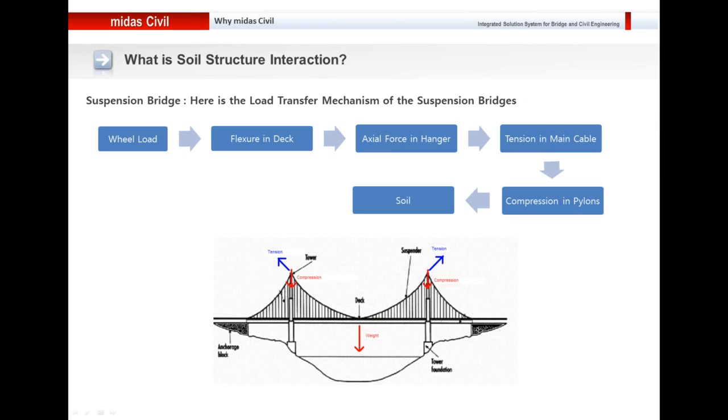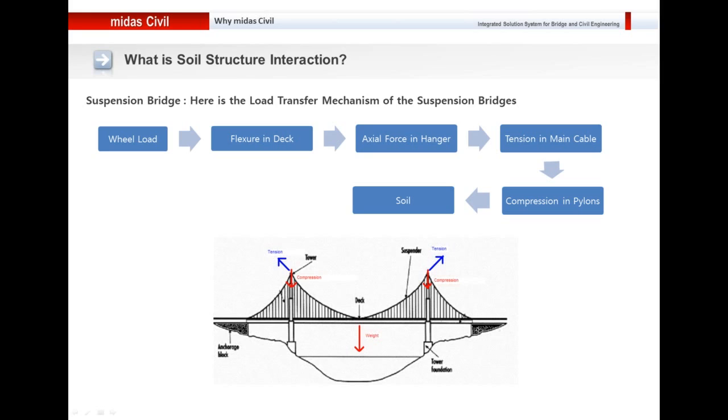If you talk about suspension bridges, the load is first transferred from flexure in the deck to axial force in the hanger. Then it creates tension in the main cable, which results in compression of the pylons, and this is how the load is transferred to the soil or the ground. So this is the load transfer mechanism for suspension bridges.